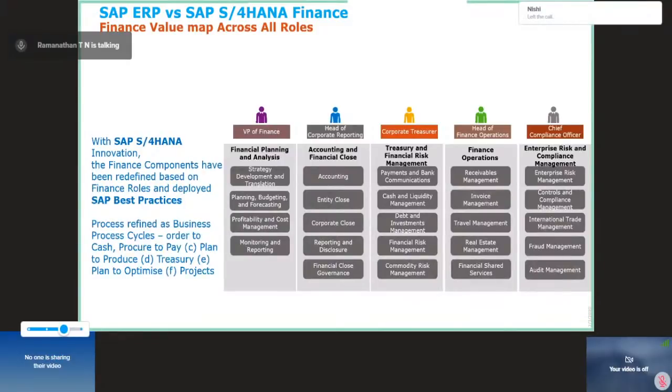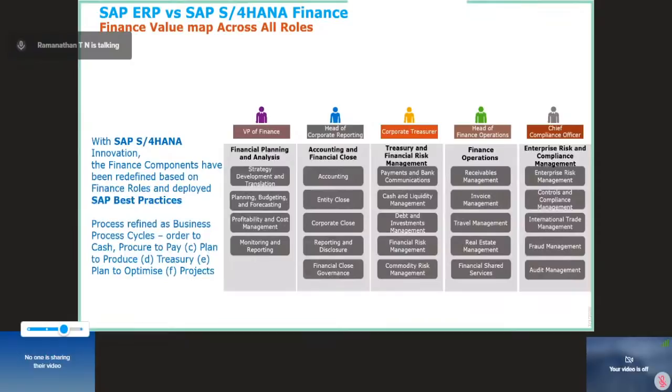The third is making sure the organization is well supported in its treasury activities. The fourth was core operations: receivables, payables, travel management, and shared services activities, facilitating these operations with the core operations.